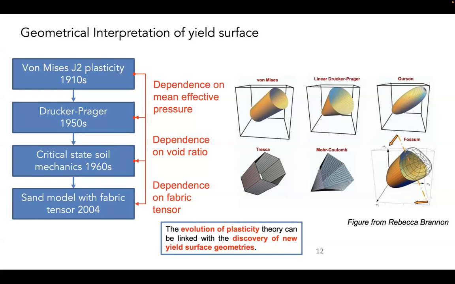The larger the friction angle is, the more dramatically you see the yield surface open up along the hydrostatic pressure line, and the more pressure dependence you see. This is the simplest pressure-dependent model.